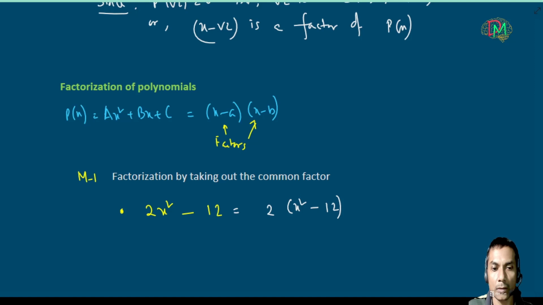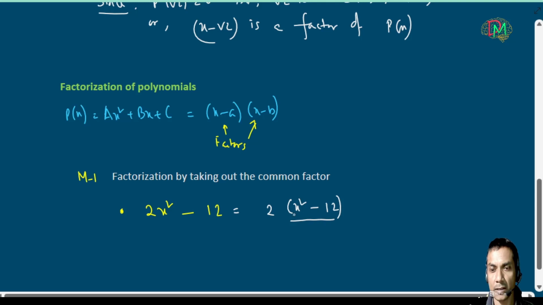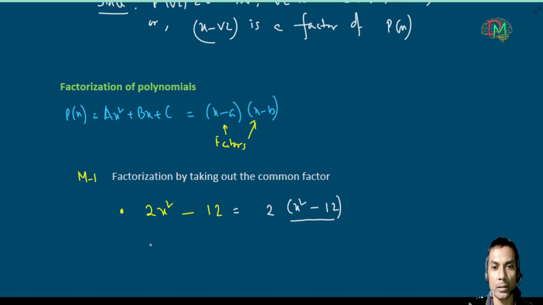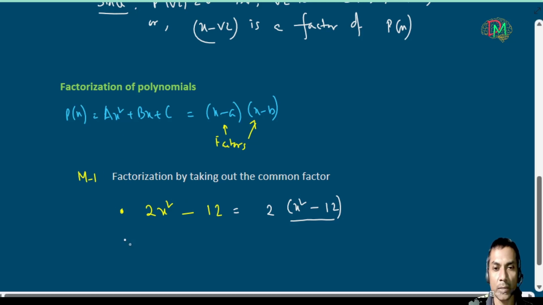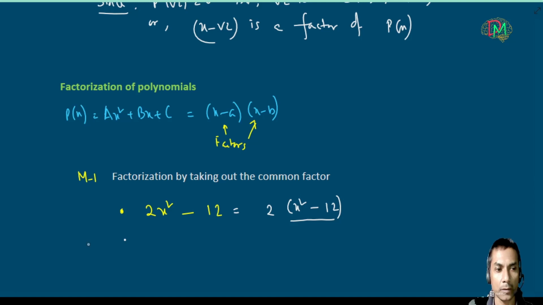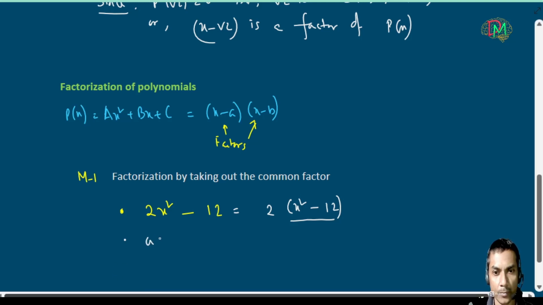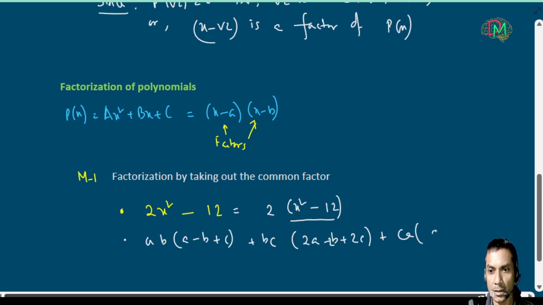In this example, we can actually factorize further, but that is not covered in method 1. So better we take another example, that is ab(a minus b plus c) plus 2bc(a minus b plus c) plus 3ca(a minus b plus c).